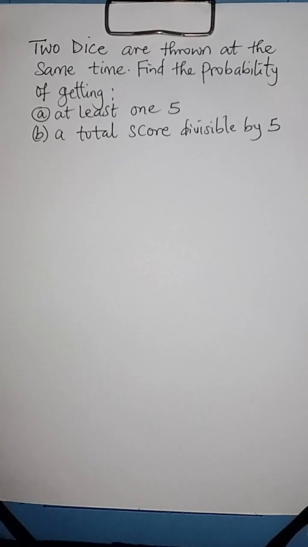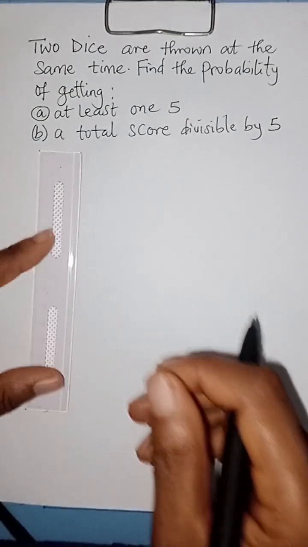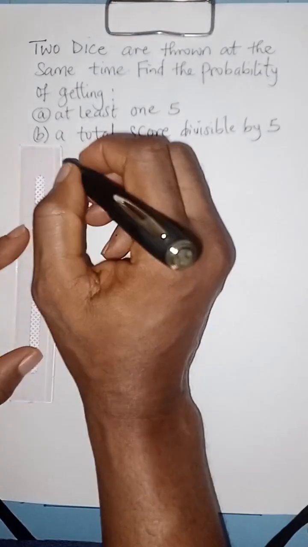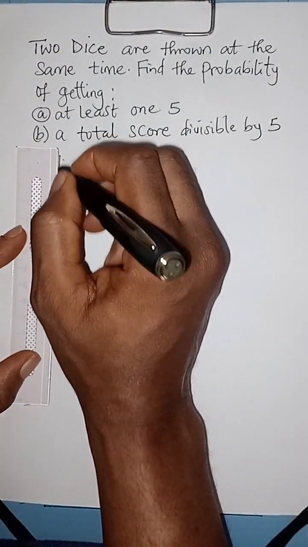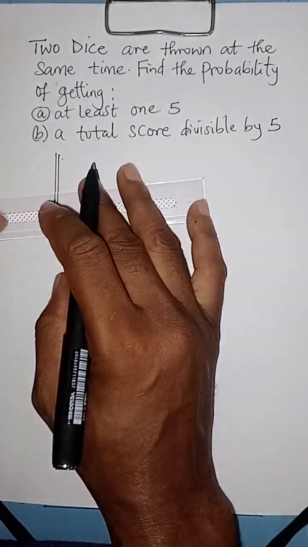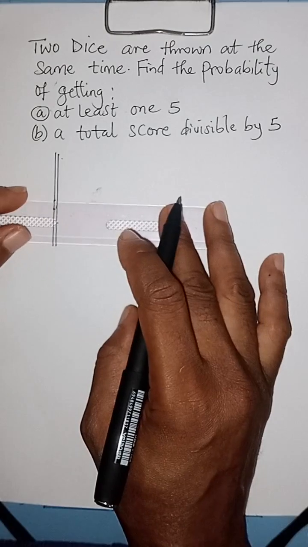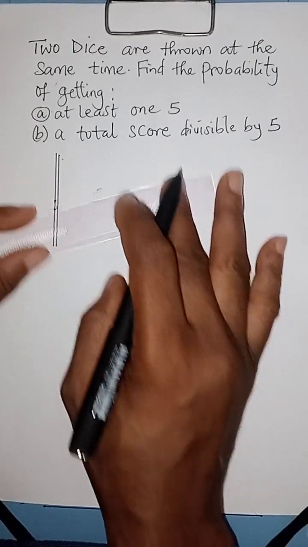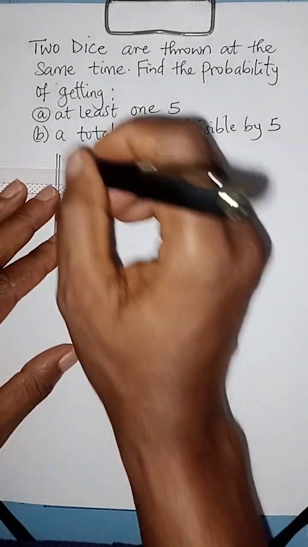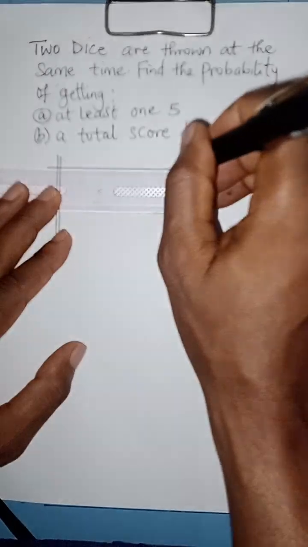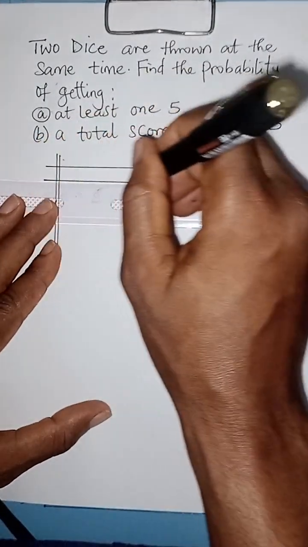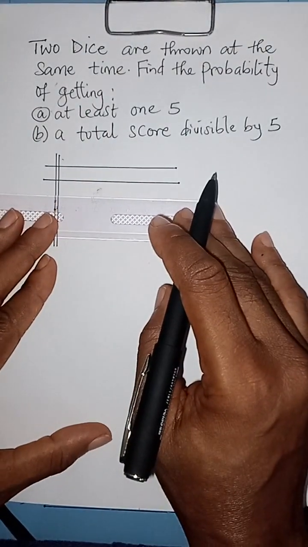Well, the first thing I'll do is to use my rule. So pay attention to how I construct an outcome table because you'll be expected to construct one. And it's going to be something like this. I'm going to explain the reason why I'm doing this. I'm supposed to have a six-sided dice, so I'm going to have 6 rows and 6 columns.